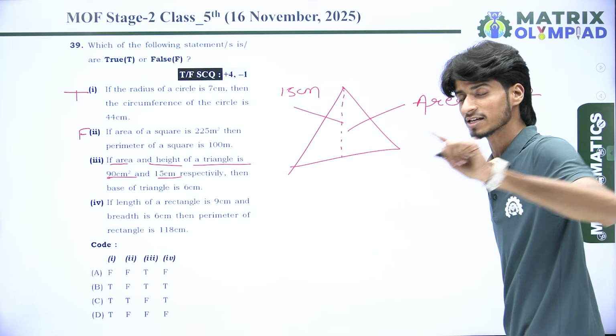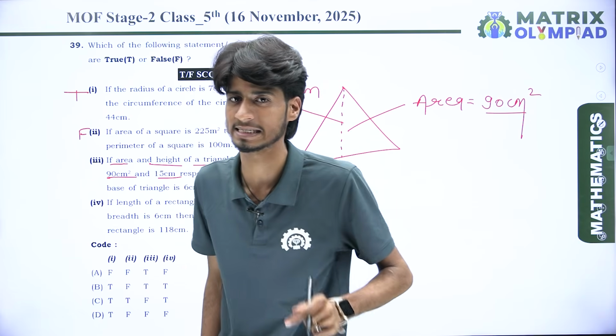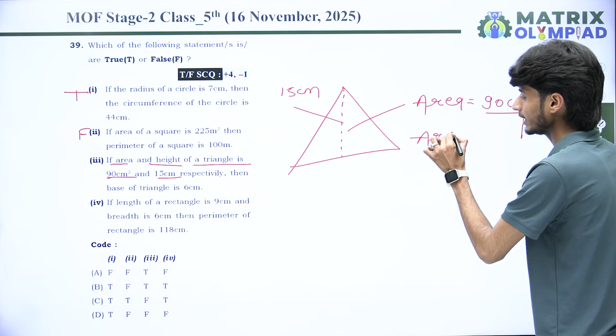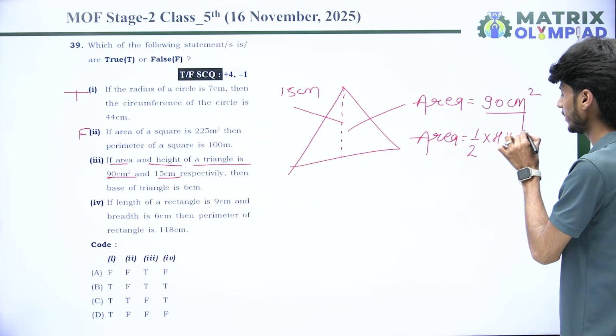Okay, what is the formula of the area of a triangle? 1 upon 2 multiplied by height multiplied by base. Yes or no? That means the area is equal to half multiplied by height multiplied by base.